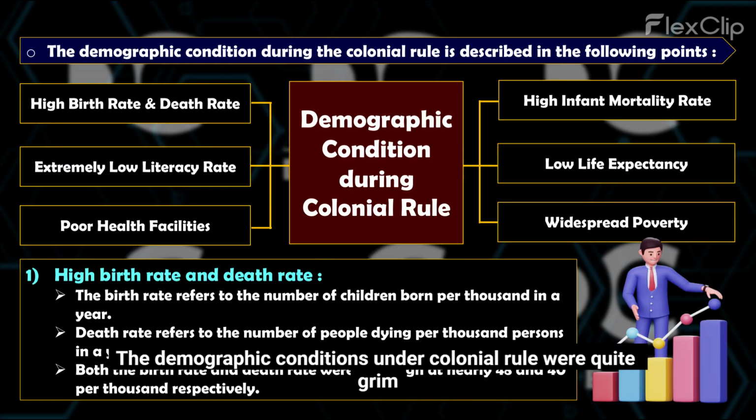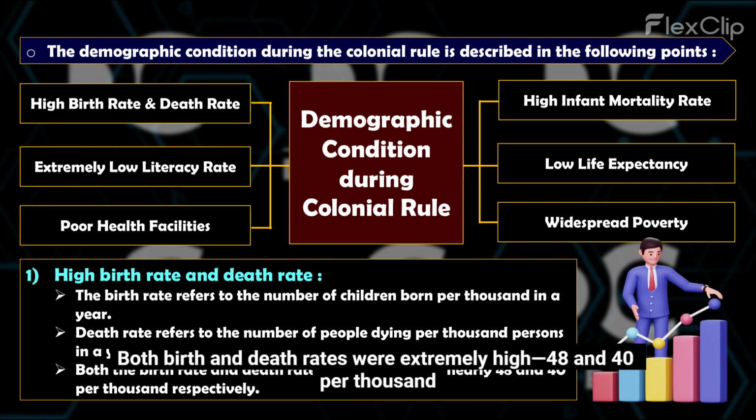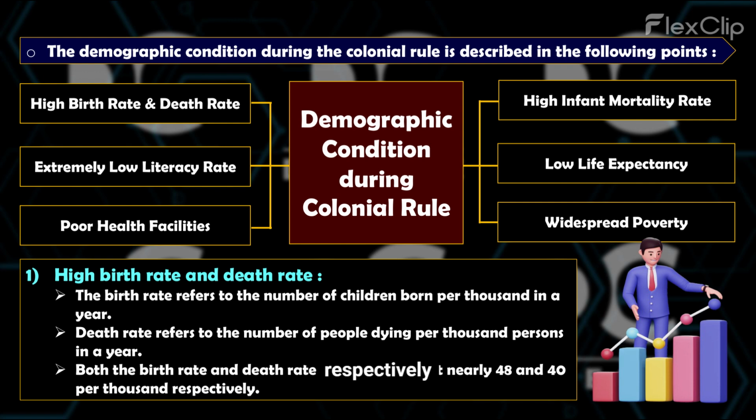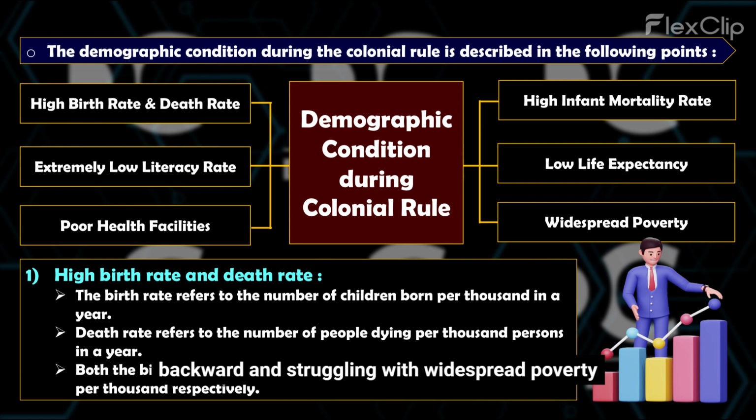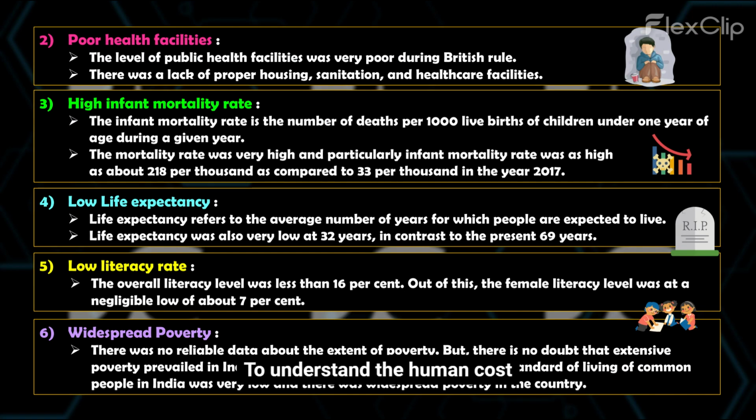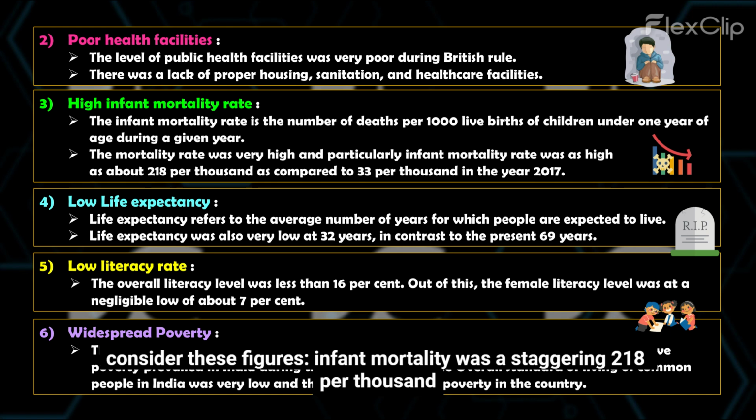The demographic conditions under colonial rule were quite grim. Both birth and death rates were extremely high, 48 and 40 per thousand, respectively. This profile, combined with low literacy and poor health facilities, pointed directly to an economy that was both backward and struggling with widespread poverty. To understand the human cost, consider these figures.